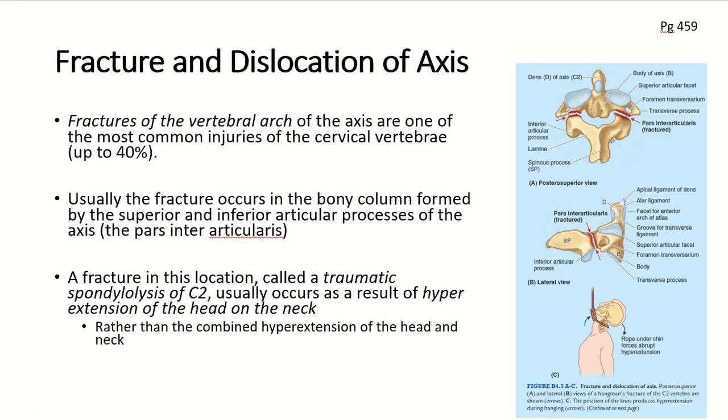If we move down to the axis, which of course is C2, this is one of the most common injuries of the cervical vertebrae, and they account for up to 40% of cervical vertebrae injuries. Usually the fracture occurs in the bony column formed by the axis, and injury of the spinal cord or the brainstem is likely, and this will tend to result in quadriplegia, which is paralysis of all four limbs, or death.